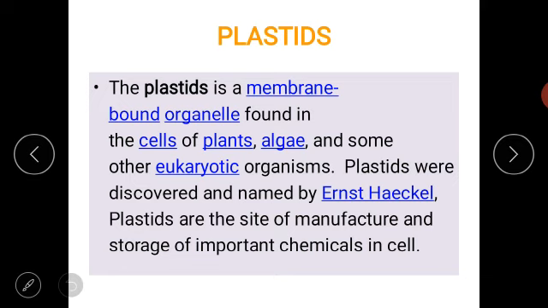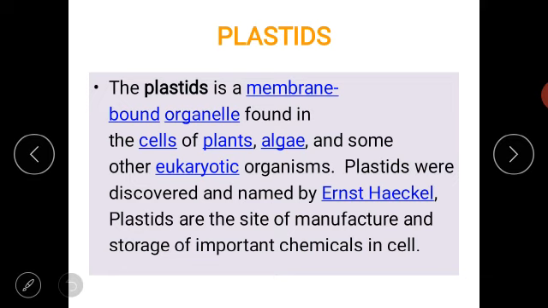There are three main types of plastids which we are going to study in this topic: chloroplast, chromoplast and leucoplast. As historical background, a plastid is a membrane-bound organelle found in cells of plants, algae and some eukaryotic organisms.